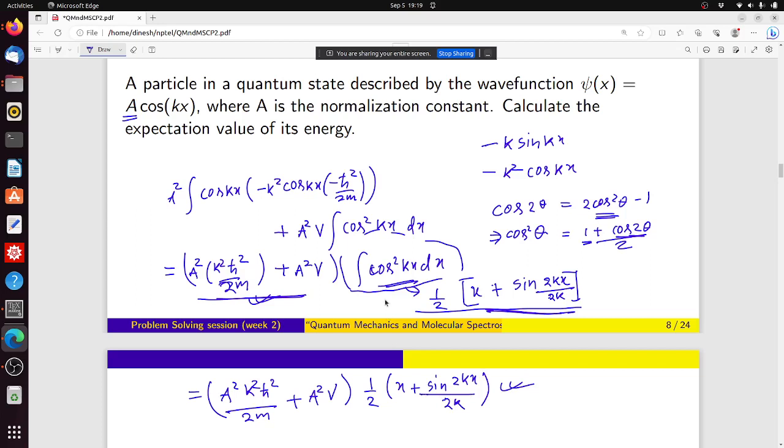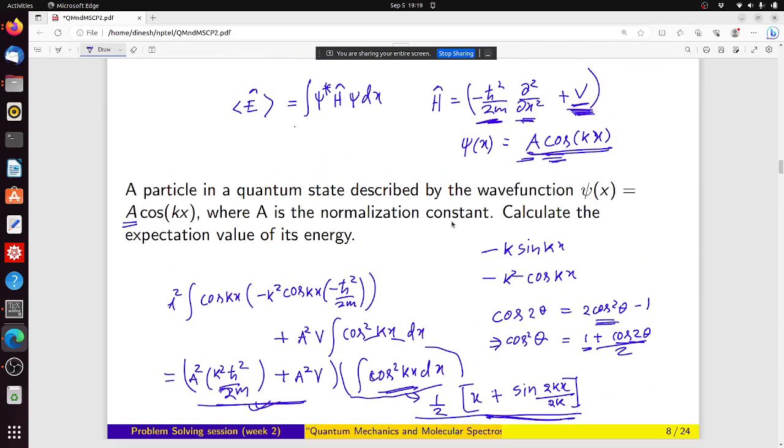So this is the expectation value of energy. It's simple. You just do 2 derivatives, then 1 integration of this simple function cos, right?